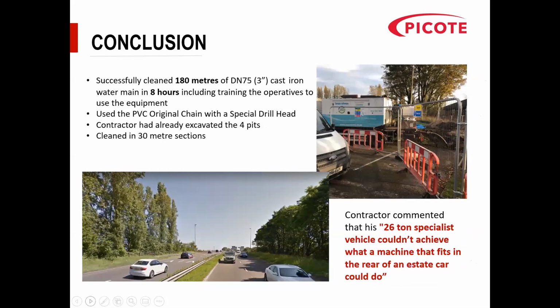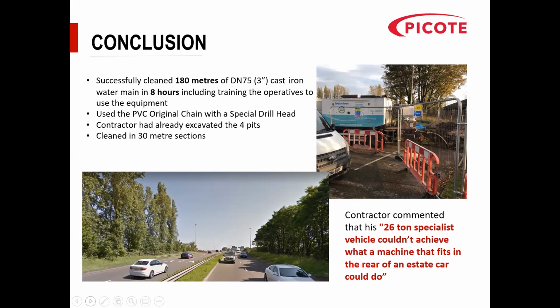With the Super MIDI and the chains, we successfully cleaned 180 metres of the cast iron pipe in 8 hours. That also included training the operatives how to use the machine. As previously mentioned, we used the PVC original chains and special drill head, and we were able to clean in 30-metre sections.